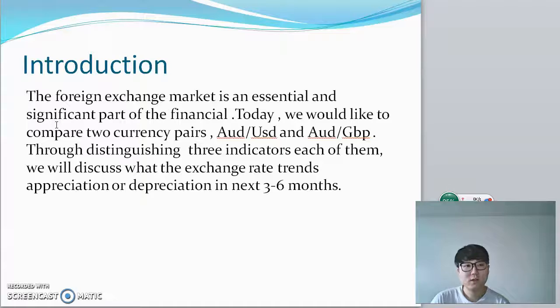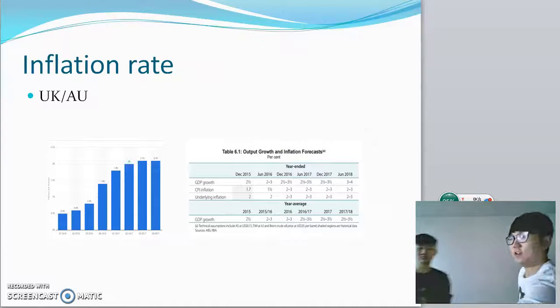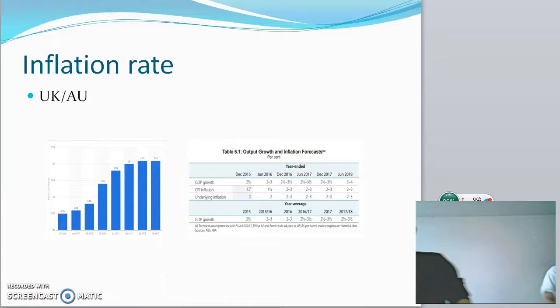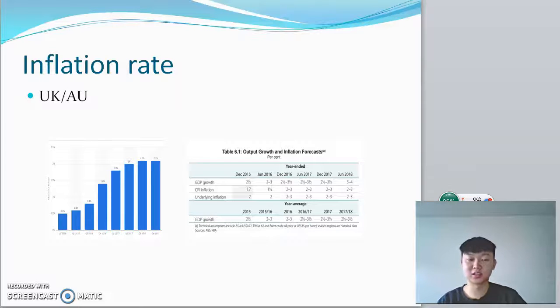Our first indicator is inflation rate. Hi, I'm Wenkai Gu. I'd like to talk about one of the foreign exchange rate indicators, which is inflation rate, and I will compare the UK and Australia first.